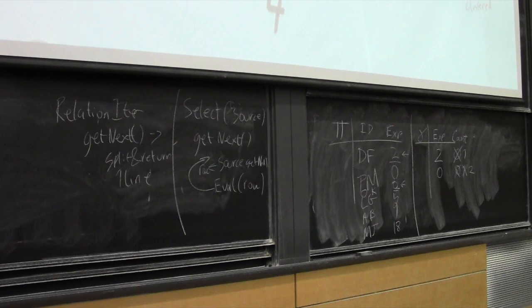So 10 mod 4 is 2. So we've got bucket 0, bucket 1, bucket 2, and then bucket 3. So 10 mod 4 falls in here.